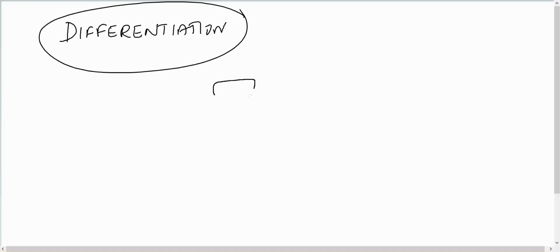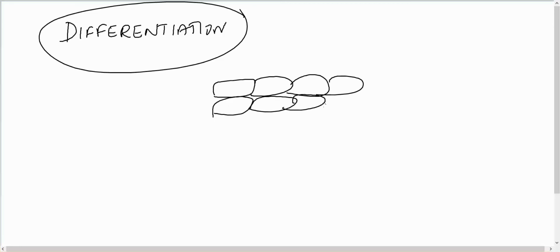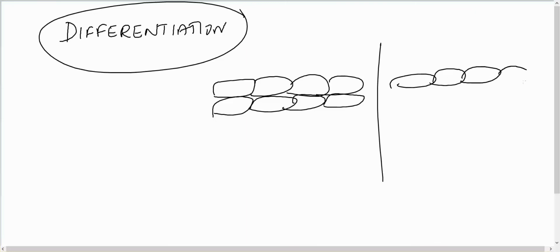So for example, this is the tumor cells in the tumor, and this is the normal cells.